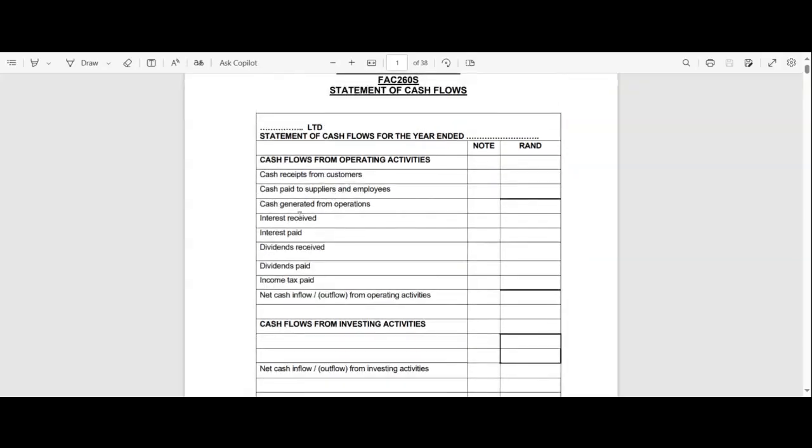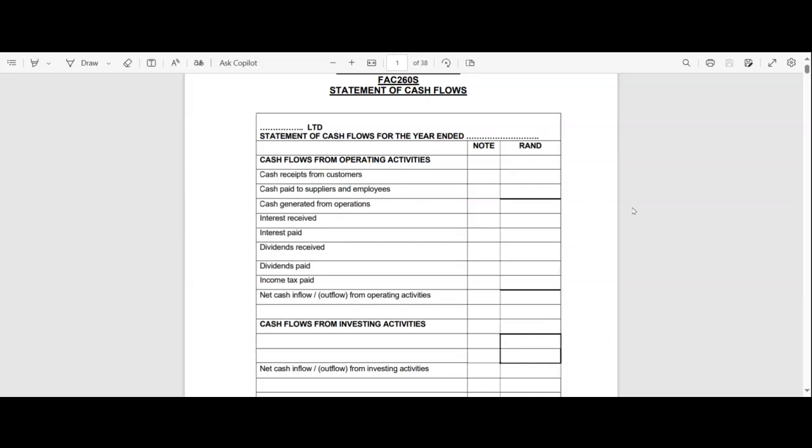Once again, I've got to emphasize, I know this is probably the third time I'm saying it today, the note is just the indirect method instead of the direct method of calculating this same figure of cash generated from operations. That's the only section that differs between the direct and the indirect method.